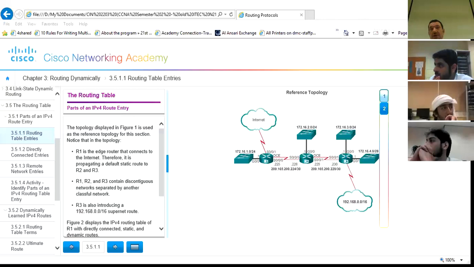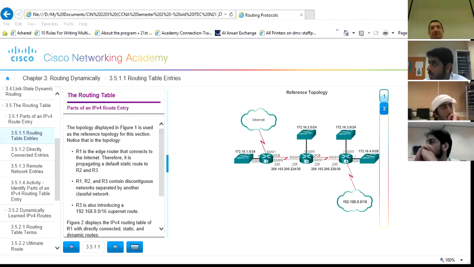Do you remember the command to create a default route? IP route, the address, I think. 0.0.0.0, yes. Put the subnet mask, which is also all zeros, and use either the exit interface or the next hop IP address. Well done. Brilliant.